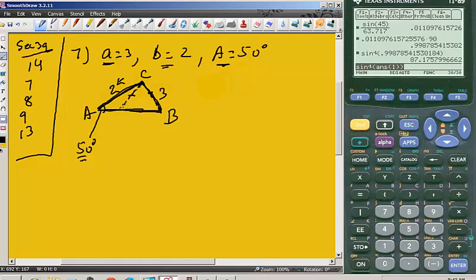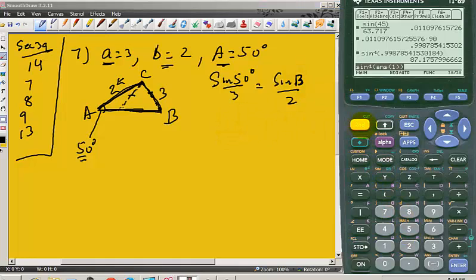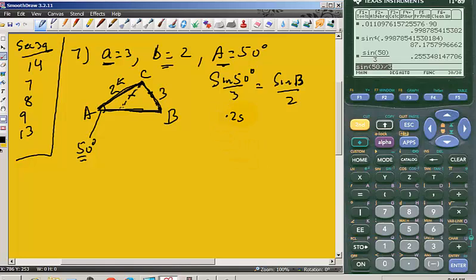Law of sines. Sine of 50 degrees is to 3 is equal to sine of B is to 2. The reason I picked sine of B is because I have the side B. Sine of 50, and then divide that by 3. Approximate, and that turns into 0.255.